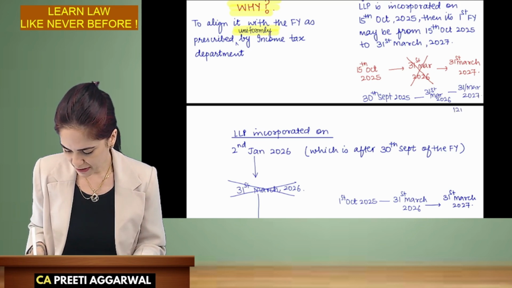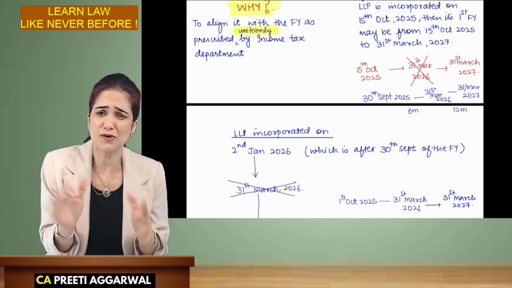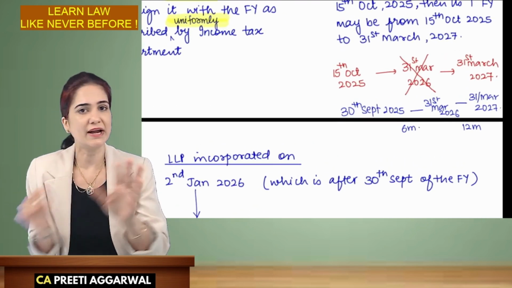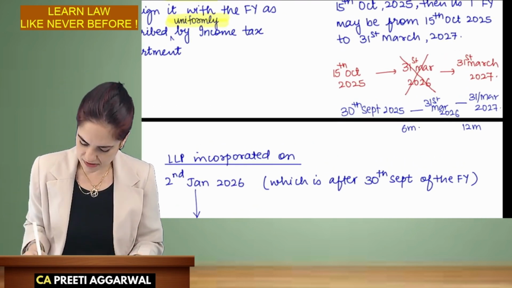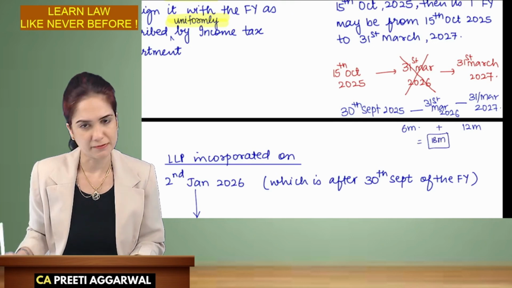So this is a period of 12 months. Here it is 6 months. You cannot say, no, I'm still not ready with my accounting, can I close my year on 31st March 2028? No. Under no circumstance will we allow your first financial year to be more than 18 months.